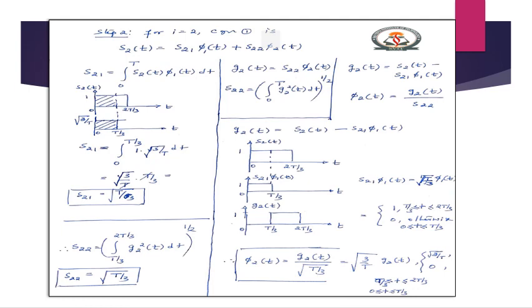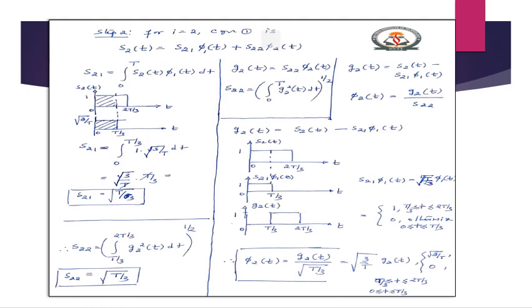And the overall value for this problem is that phi2 of t has the value g2 of t divided by root of T by 3. The denominator will go to the numerator, so it will be root of 3 by T into g2 of t, where g2 of t is equal to 1 within the respective limits.